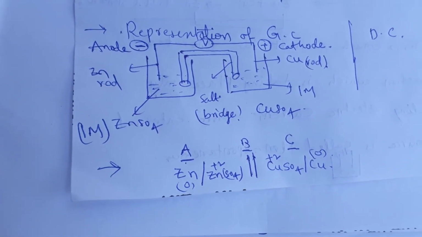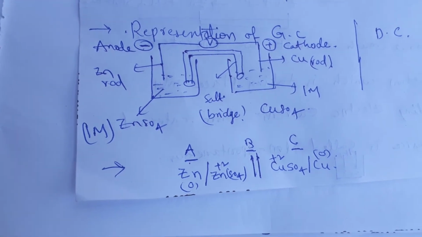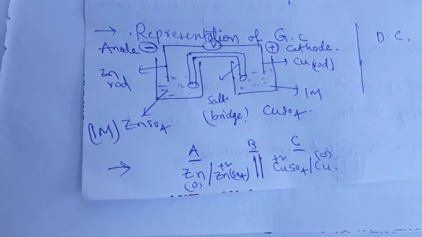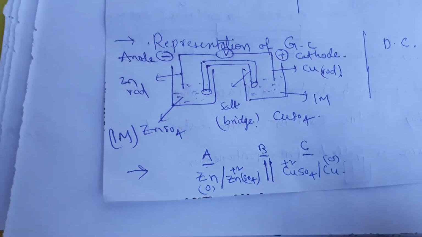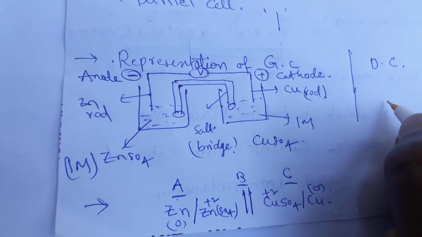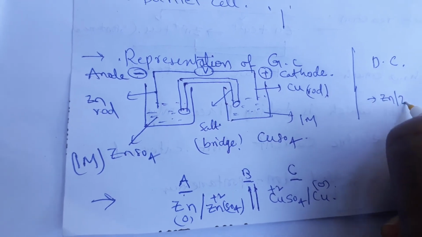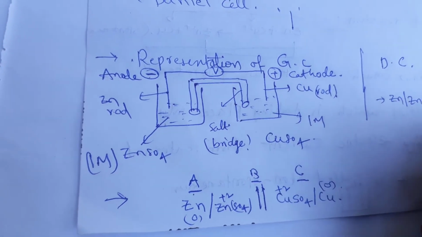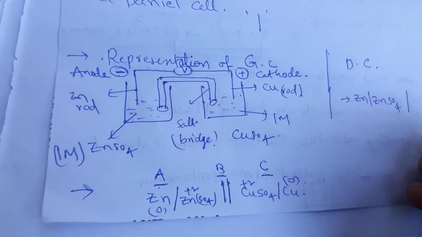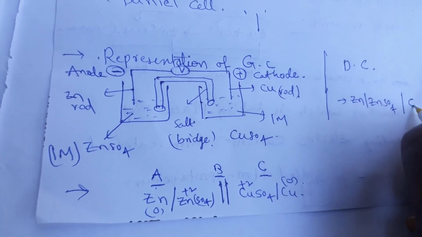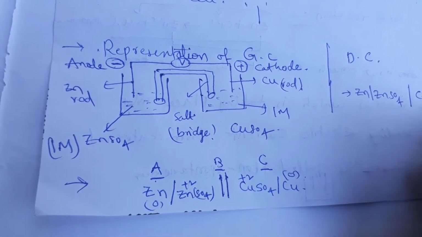So this is the representation of the galvanic cell. Next, the Daniell cell we can also represent like this, with zinc and zinc sulfate, but I represent only one line between the two half cell reactions.